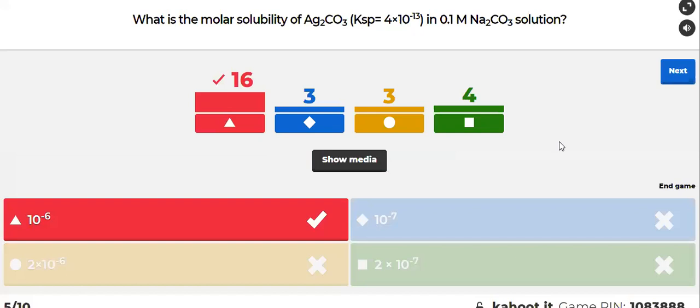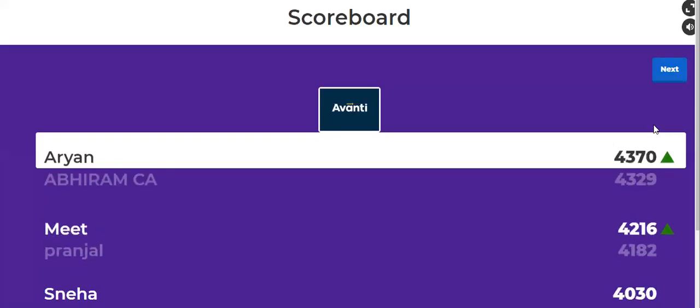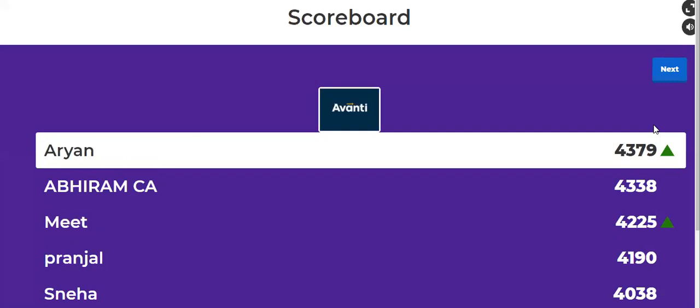So Ksp is equal to 2s square into 0.1. Calculate, you will get the value of S.